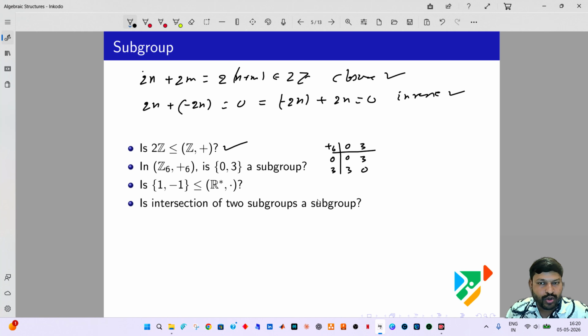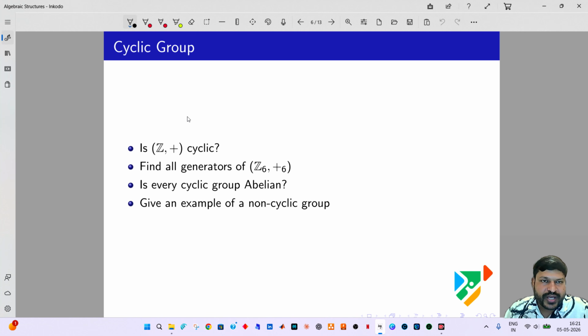So you see that closure property is satisfied. What about the inverse? The inverse of 0 is 0, the inverse of 3 is 3 itself, and hence it is a subgroup. Similarly, you can check for 1 and minus 1 in this group, and this you can perform as exercises at home.